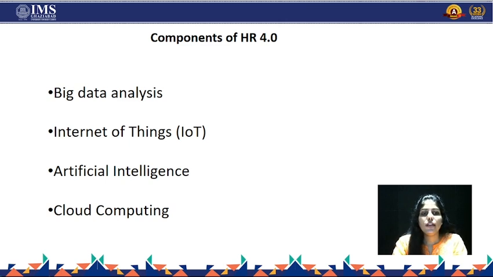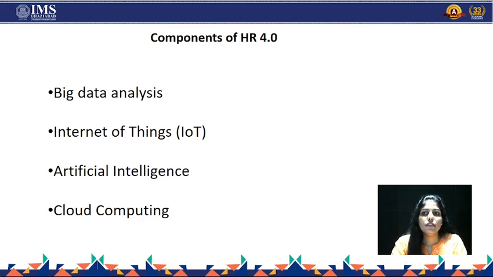IoT-enabled devices such as smart badges or wearable technologies gather real-time data on employee activity, their health, their welfare. All the employee information can be collected by using these wearable badges. So, this is the Internet of Things role in HR 4.0.